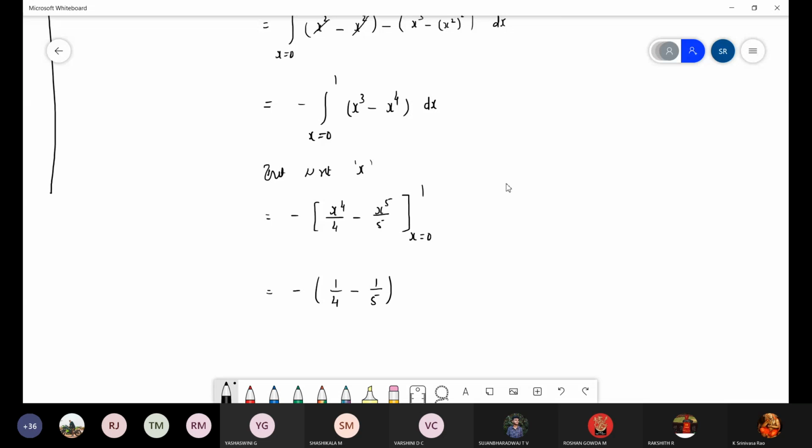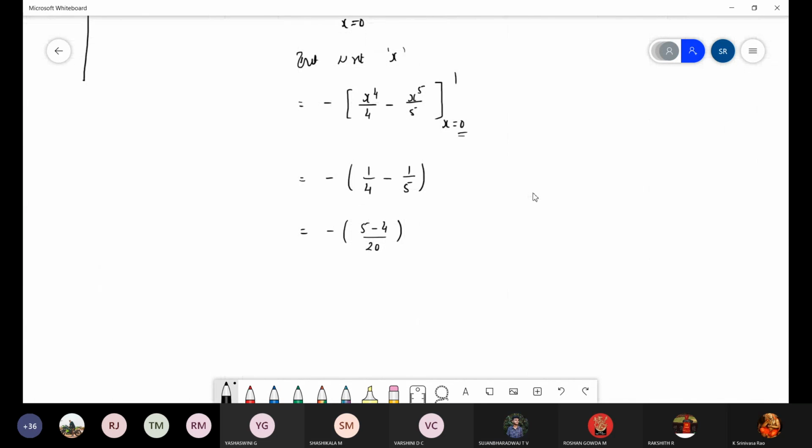What is the final answer? Minus of, 20 is the LCM, 5 minus 4, minus 1 by 20.